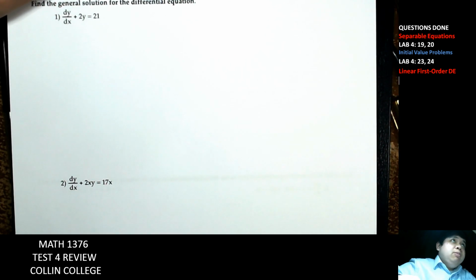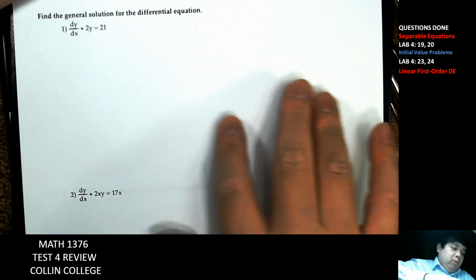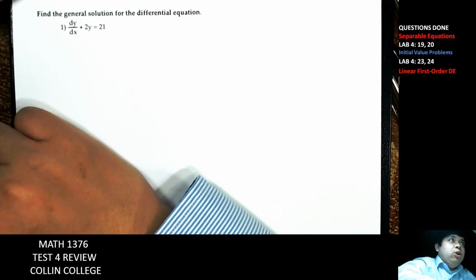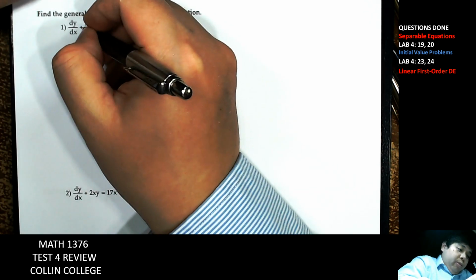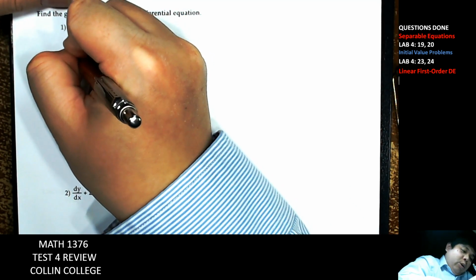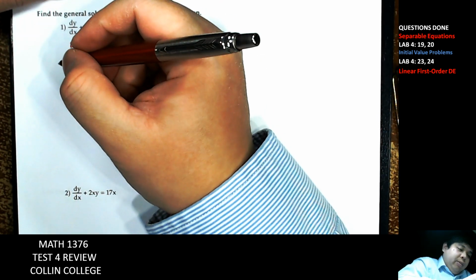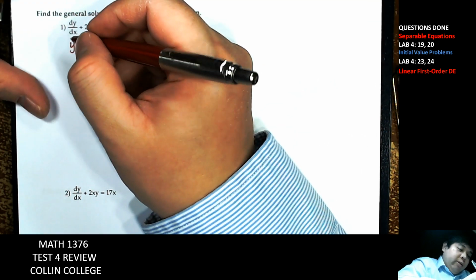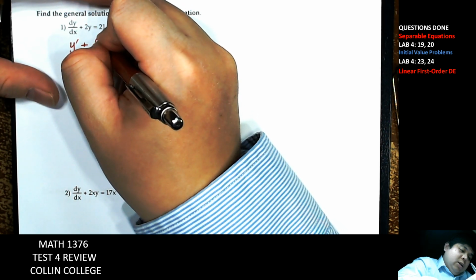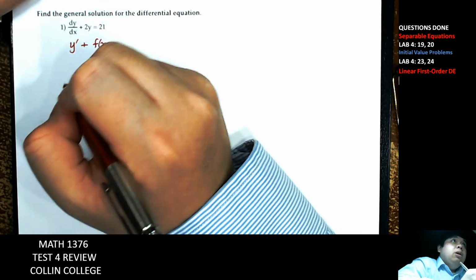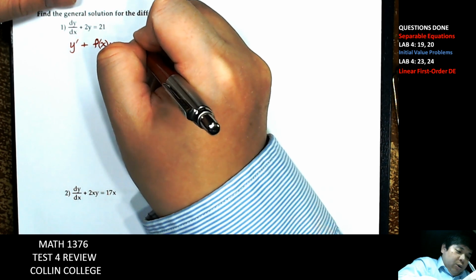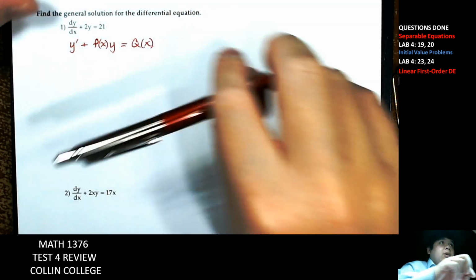Right. First, number 1, make sure this is in the right form, the standard form of a linear first order differential equation. So it is in the right form, and the form would be derivative plus some function of x times y equal to q of x.